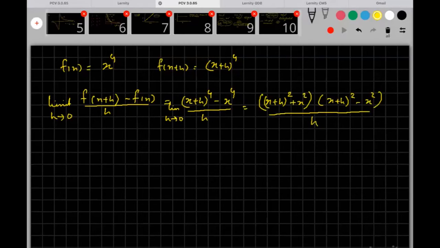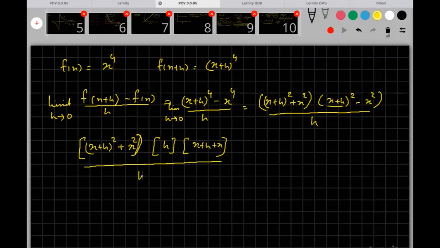This can further be written as x plus h the whole square plus x square, into, this is a squared minus b squared, h into x plus h plus x, whole by h.